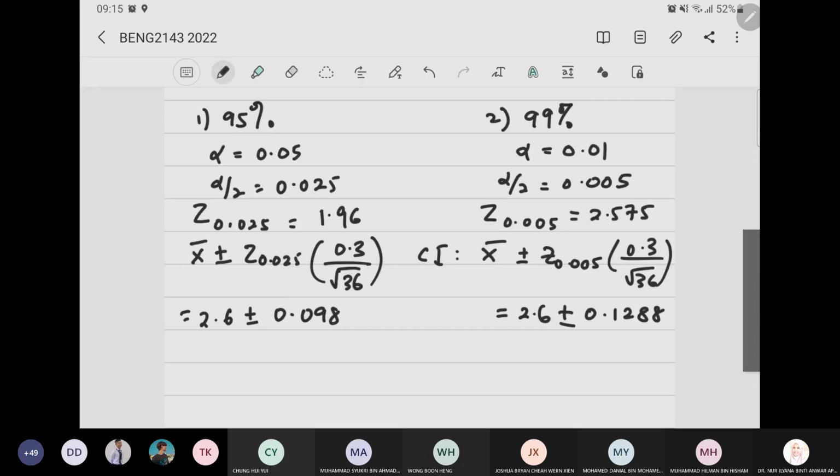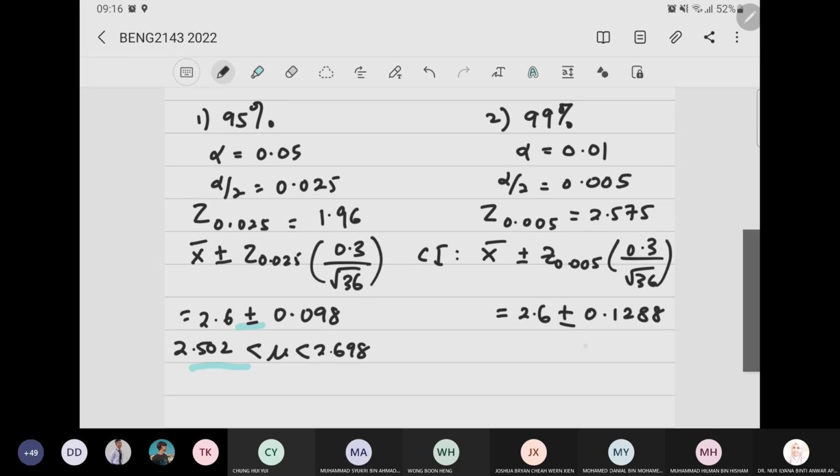So finally, the confidence interval for the left side, you use 2.6 minus 0.098. So you get 2.502. And for the right side, 2.6 plus 0.098, 2.698.